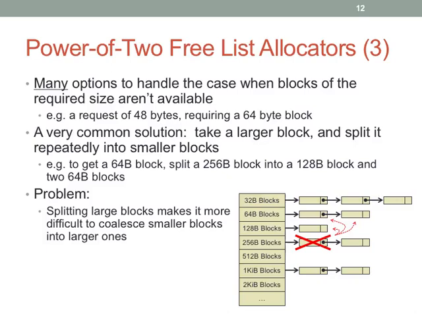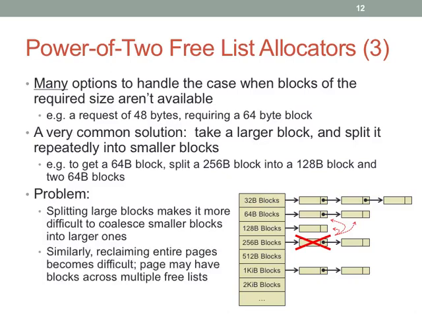You could say, well, I'm going to put a header and a footer so that when I have a block, I can just back up and see what size the previous block is and whether or not it's available. And that would make coalescing fast. But when you use boundary tags, then you're losing even more of the block. So internal fragmentation starts to become more and more of an issue with that. Okay. So this is the challenge. This is fast for allocation, but coalescing is really difficult with this approach.